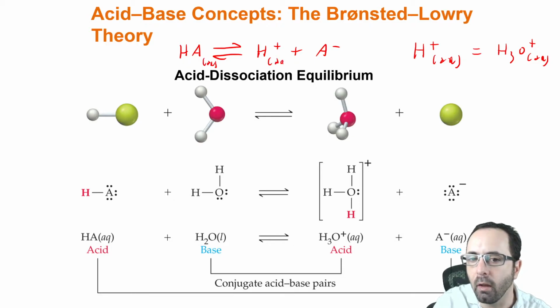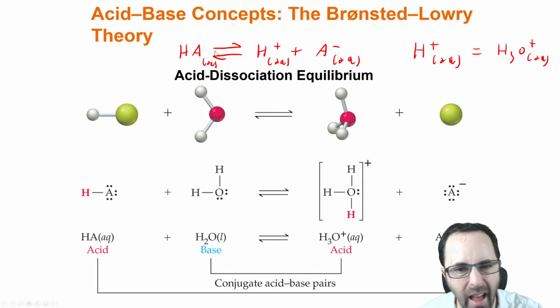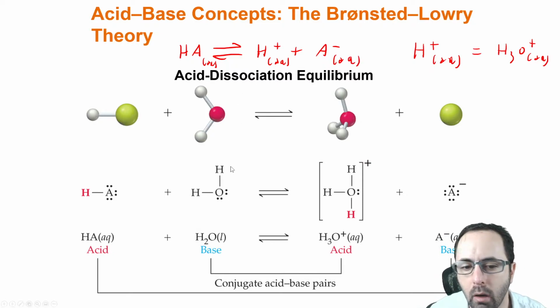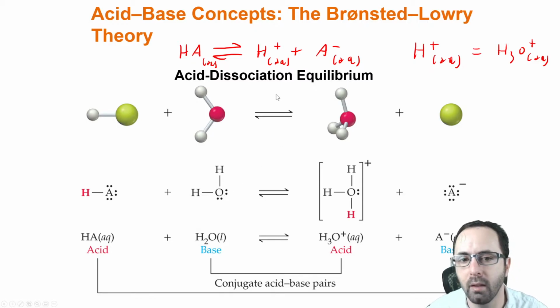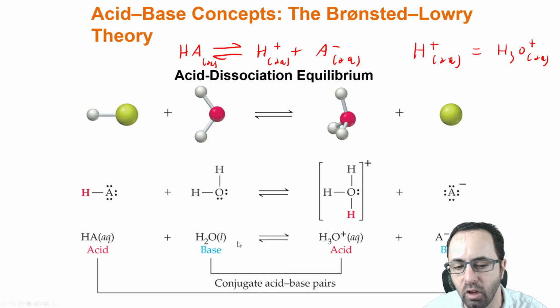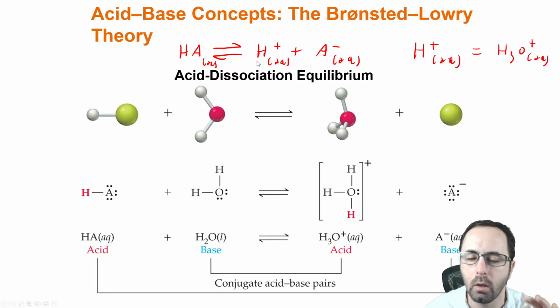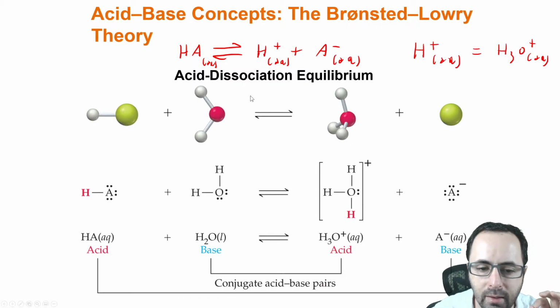So that's the other way of writing the equation for a weak acid behaving like an acid in water. We don't have to include the water because it's implied that the H plus is associated with water. So we can either write the equation with water and have a hydronium ion like this, HA plus water, hydronium, and A minus, or we could exclude the water and just say we have an aqueous proton. Both of these are completely acceptable.